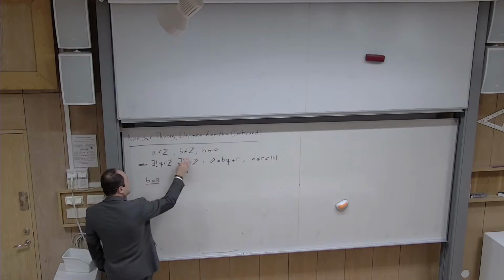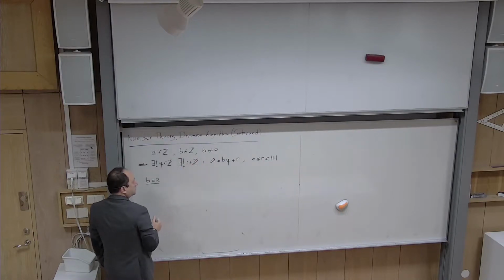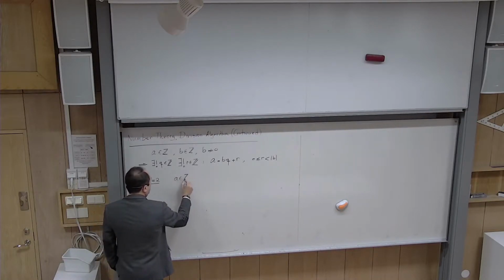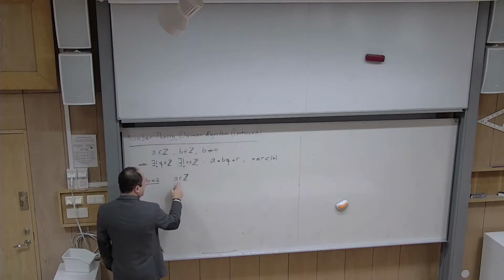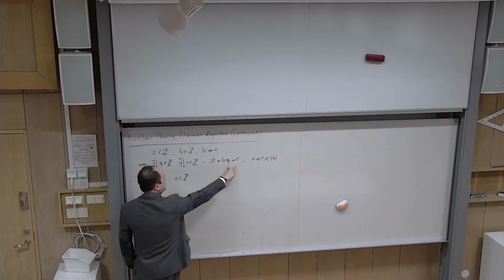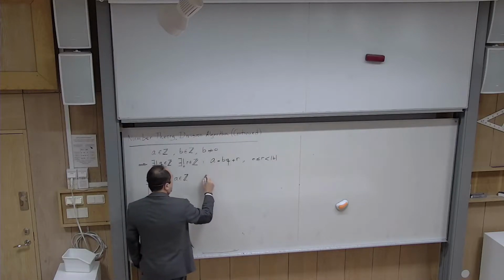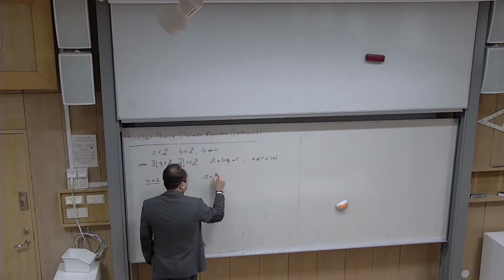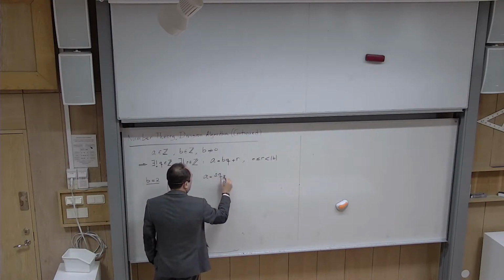And then let me just rewrite this algorithm once more. So what does it mean? It means that whatever you choose from the set of integers, according to this theorem, can be written in this form, so that a is equal to b q plus r, but this time I have chosen b to be 2, so this becomes 2q plus r.